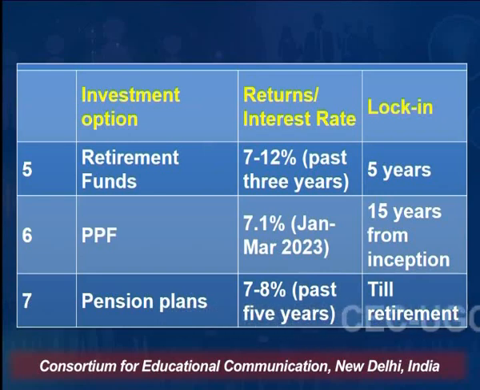That is, whether you want to invest purely in equity, or purely in debt, or you want to invest in both equity and debt. So depending on your risk profile and your choice, if you are a more risk-prone person, ready to take more risk for a higher return, obviously you will go for more equity plans.